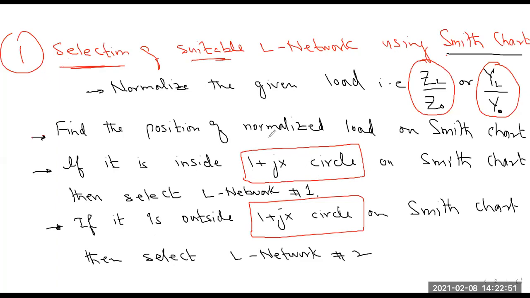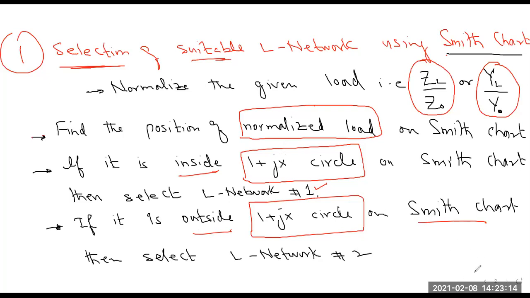If the normalized load is inside 1 plus jx circle, then you will be selecting this network. If normalized load is outside of this circle on Smith chart, then L network number 2 will be the suitable network. Now, what is this 1 plus jx circle?